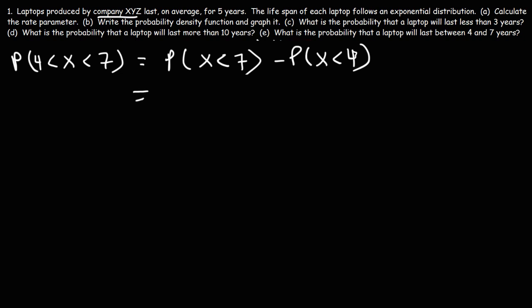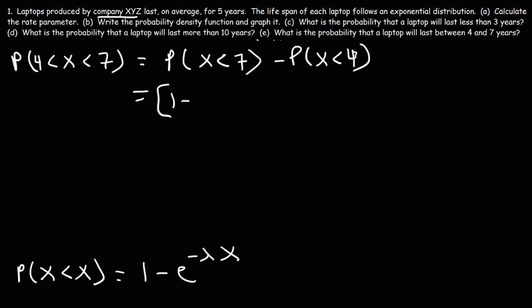So now let's go ahead and finish this problem. So the probability that x is less than 7, just to review, we're going to use this formula. It's 1 minus e to the negative lambda times x. So this is going to be 1 minus e to the negative 0.20 times 7.